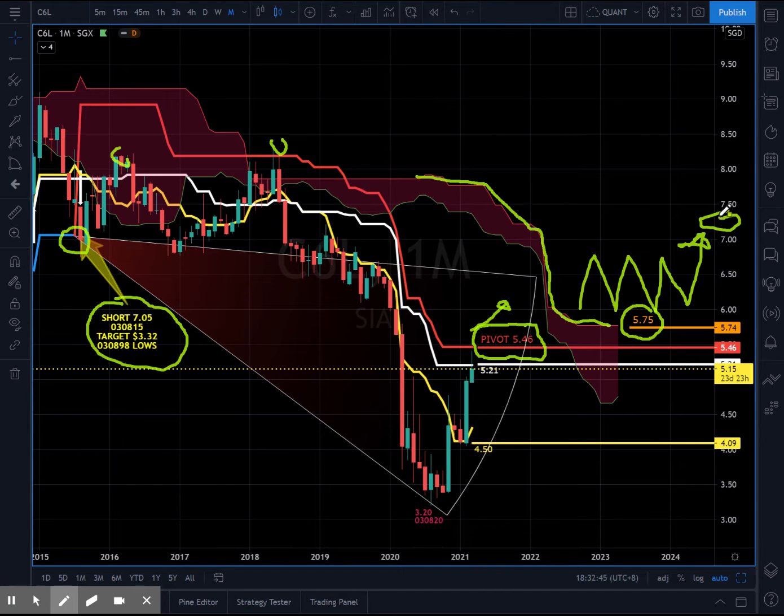So $7 seems to be a good near-term target for the moment, assuming the pivot at $5.46 is broken. We climb above 5.75, maintain there for a little while, and then touch $7. On the other hand, if 5.46 is not broken, then Singapore Airlines shares could weaken in the short term.